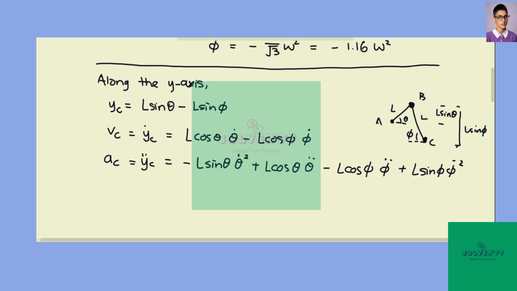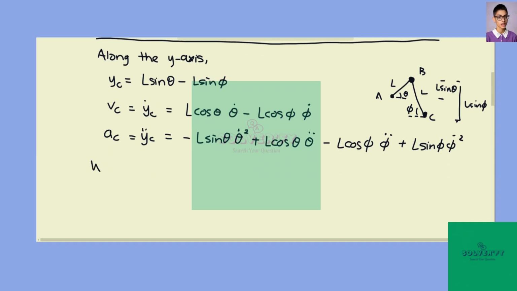Okay, then when theta equals 60 degrees, phi is 60 degrees, then we have vc, and remember that theta dot equals minus omega, which equals minus phi dot.